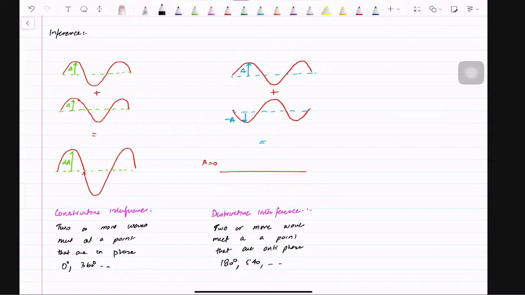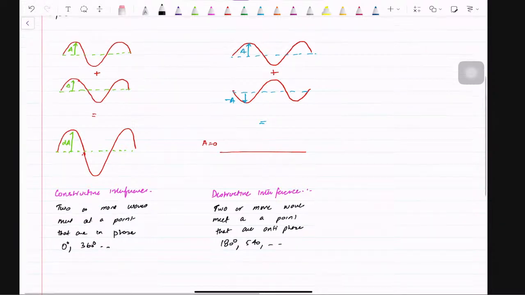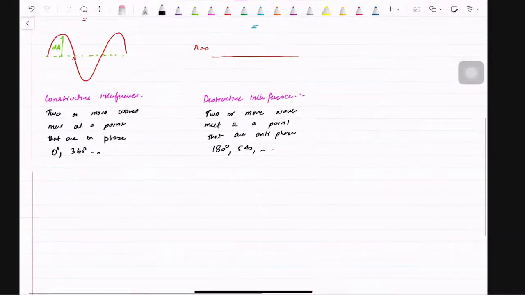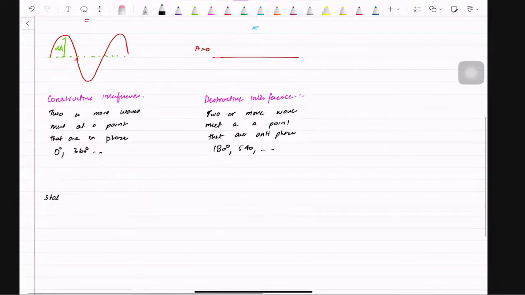Now, one of the prime results of superposition is when it creates a stationary wave.